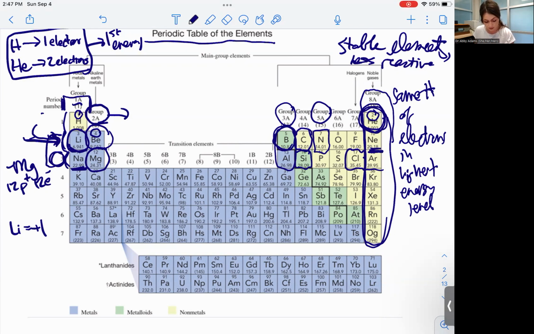So for beryllium, you're going to end up with a positive 2 charge because you're going to lose 2 electrons. You're going to go to that previous period. Okay. So for aluminum, all right, let's find aluminum. It can either gain several electrons or it can lose 3 electrons, which is easier, less energy, and then you're going to have a positive 3 charge for aluminum.